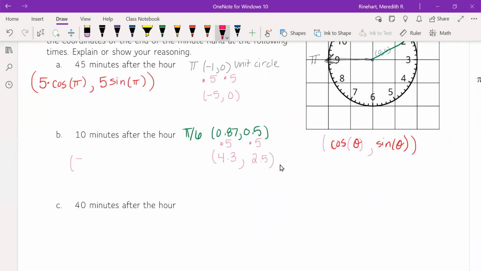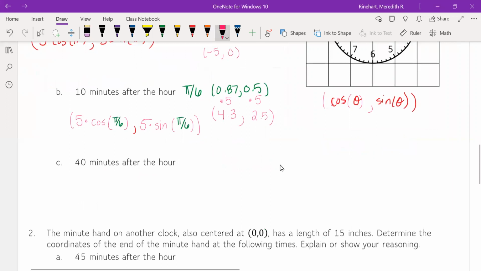Again, use your scale factor, 5 times cosine of our angle pi over 6. That's our horizontal coordinate, and our vertical coordinate would be 5 times sine, again, our angle measure, pi over 6. So either of those answers, again, would be correct.